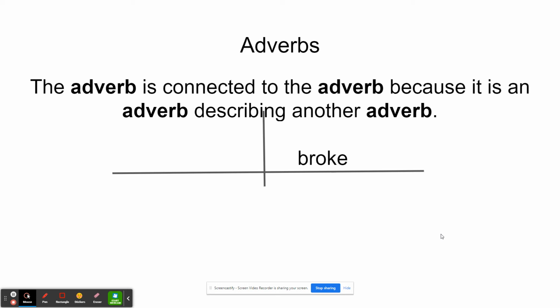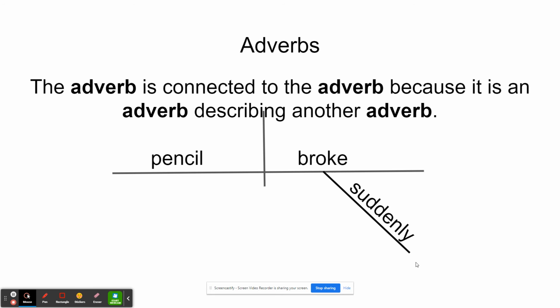Then think who or what broke. Pencil broke is the core of our sentence, the subject and the verb. Broke how? Broke when? Suddenly. Suddenly is an adverb describing the verb broke.